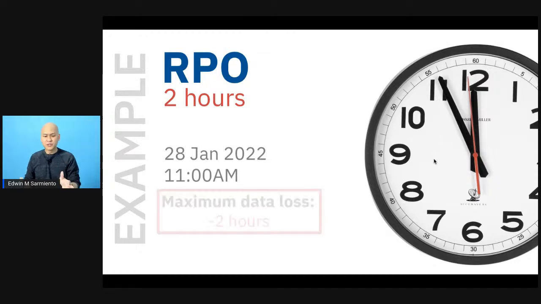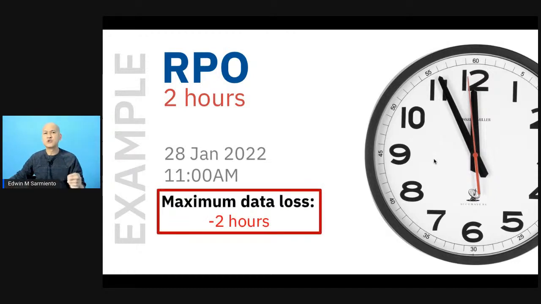Your recovery point objective means that you should have your data as of 9 a.m., which means you have to have your data looking like it was at 9 a.m. Sure, you may have lost a bit of data, 2 hours worth, but that's what everybody agreed upon. And that's what this whole recovery point objective is for: to give everyone a starting point of what everybody agreed on. Because if we're meeting the expectation, then we know we're good.